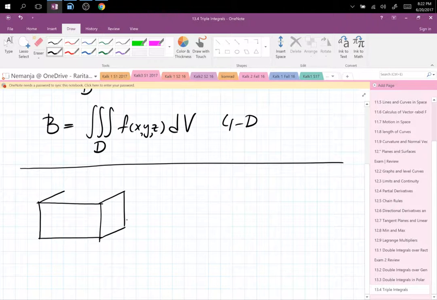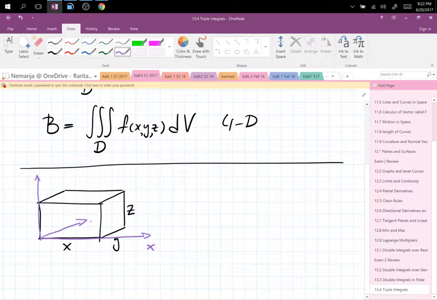Say you have a box, just like the one that we are sitting in right now, which has x, y, and z, and say that you set the coordinate system x, y, and z that will help you with understanding the box.